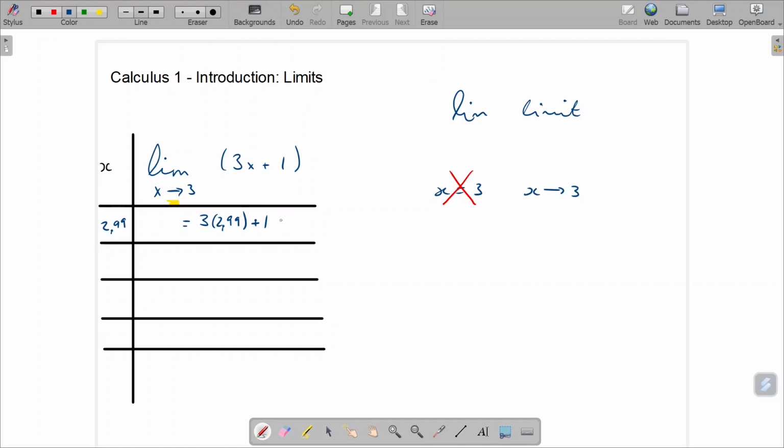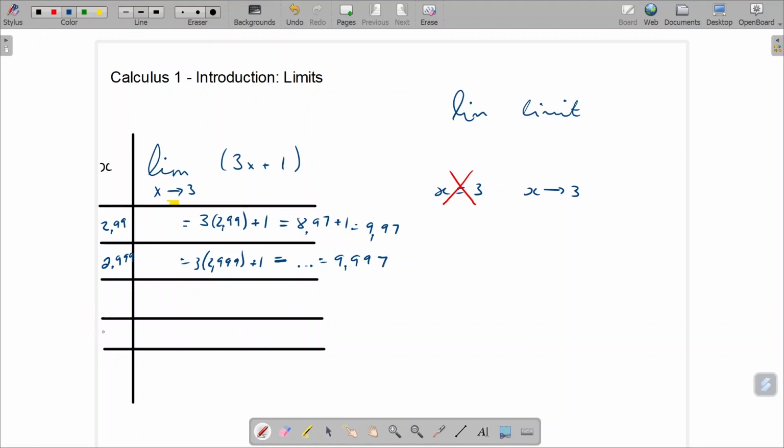It's got a reputation without necessarily needing to be quite so scary. So what we're going to get here is 8.97 plus 1, which equals 9.97. If we made it equal to 2.999, we're going to get 3 times 2.999 plus 1. All we are doing is substituting, and we're going to get 9.997.